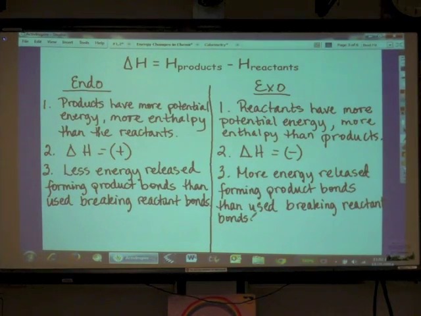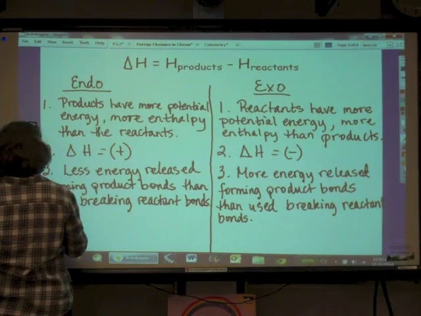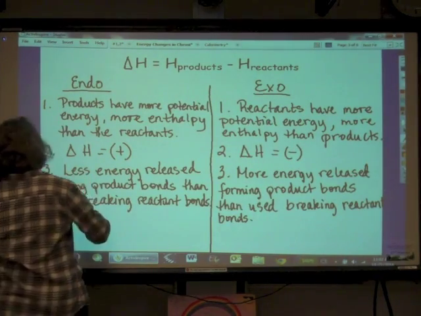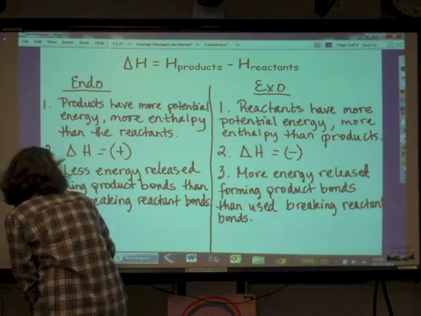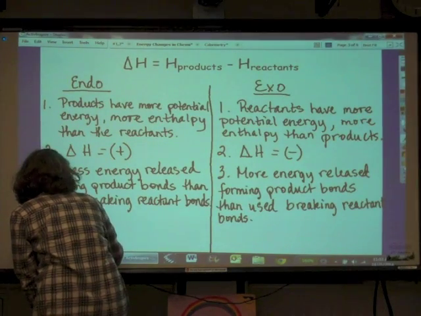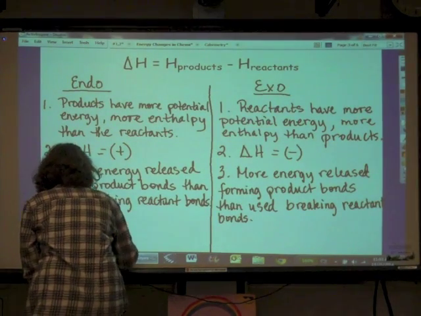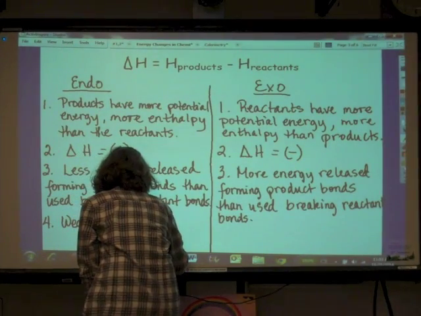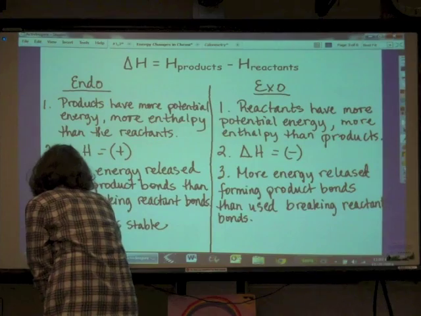Now, last but not least, one more point I want to make about these, keeping in mind, people, that we're going to talk about this so much more. Number 4. In an endothermic reaction, we make weak, less stable product bonds.